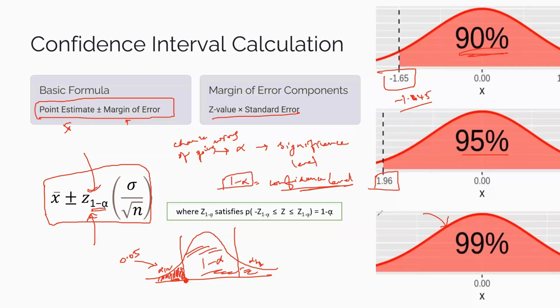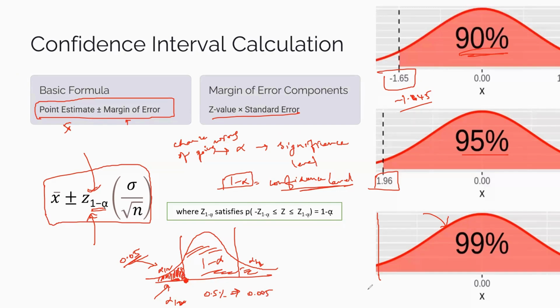You need to check. And when we talk about 99%, what will be this value for 99%? 0.5%, so 0.005. Exactly.